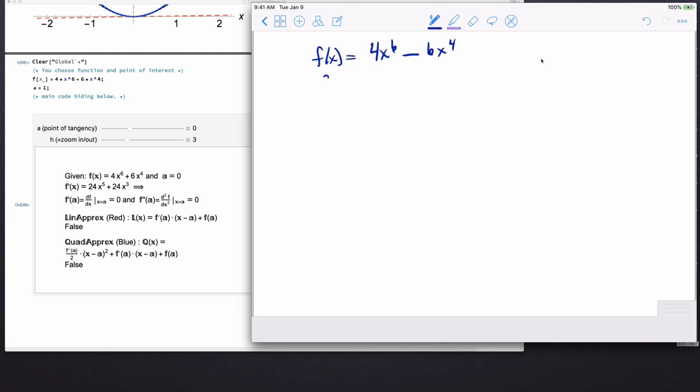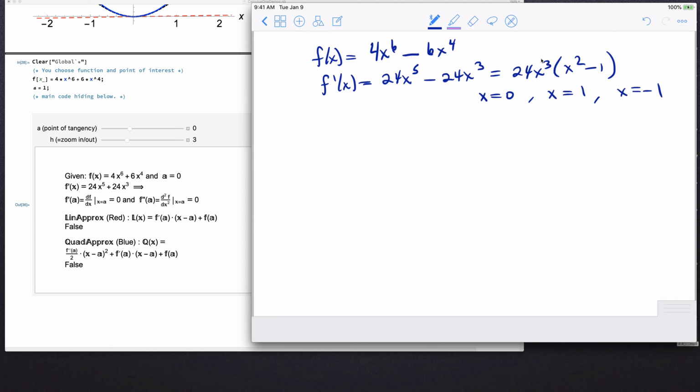We'll look at f prime of x now to find the critical numbers. 24x to the 5th, very similar to the first problem, minus 24x cubed. Factor out the 24x cubed to get x squared minus 1. And now all of a sudden, just because of that one change in sign, we have 0 as a critical number, and we also have x equals 1 and x equals -1 as critical numbers.